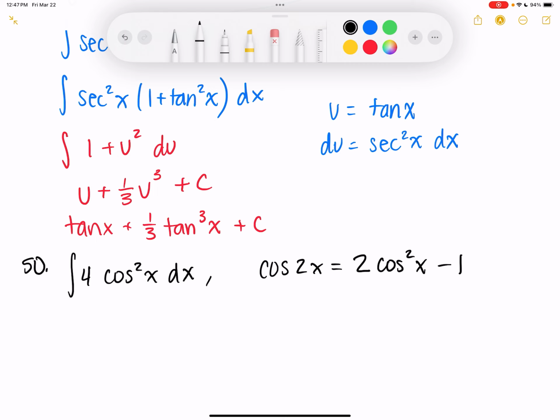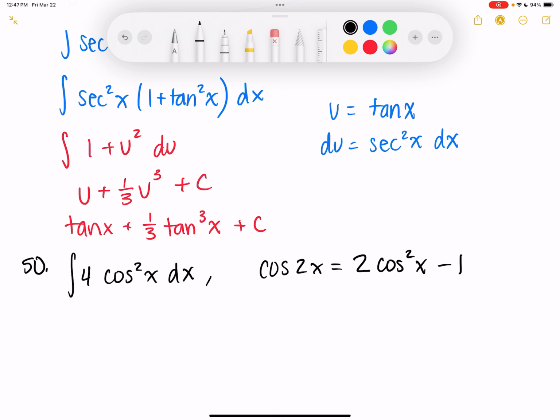Okay, so this is a double angle formula, or identity, you probably don't remember, maybe you do. But this has that cosine of 2x is equal to this. But do I have this over here? No. But can I get it to where I have this over here? Probably. Okay. So this is 4 cosine squared of x.